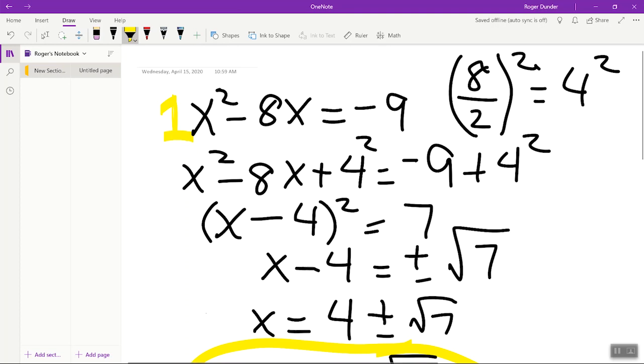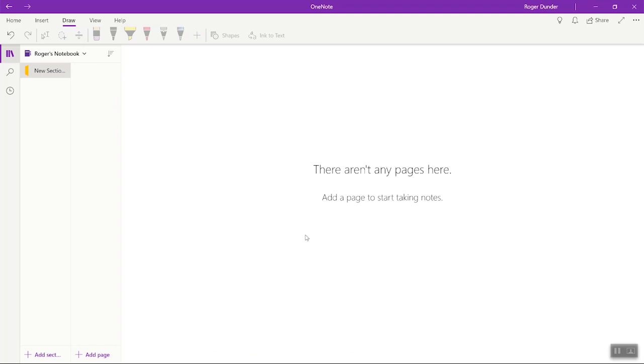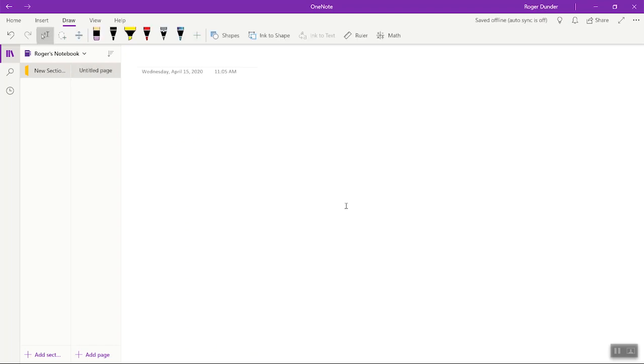It's not always 1x squared. Sometimes it's some other constant there that's not 1. And in that case, the problem becomes slightly more complicated, though not necessarily complicated. I guess it's all in how you look at complicated. It's not that bad.